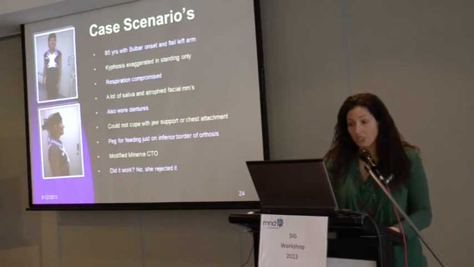She also wore dentures and complained of severe pain in her jaw. She could not cope. So with this brace, which I thought might do the trick, it gave clearance around her peg on the inferior border of that front panel. But she couldn't bear to wear it for more than 15 minutes and returned it.